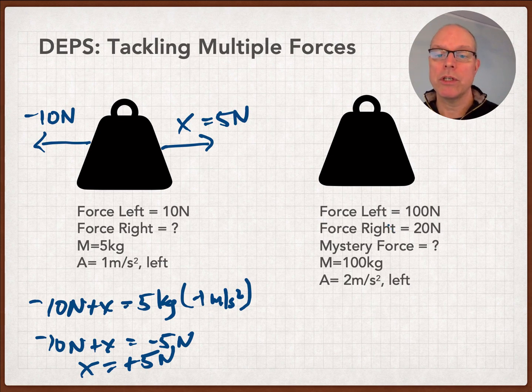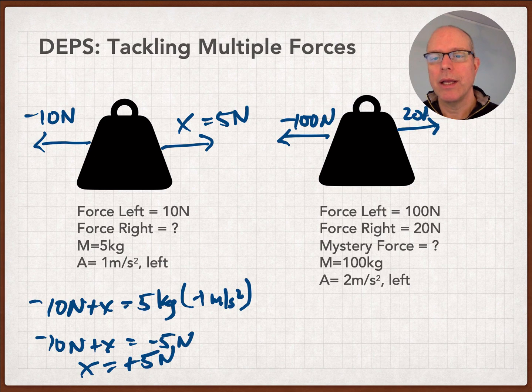And last one. Oh, here's an interesting one. We've got more than 2 forces happening. Like I said, if you can tackle 2 forces, you can tackle any number. I'll show you how. Pencil in what you know. -100 newtons goes over here. 20 newtons goes over here. And then mystery force. Well, if it's a mystery, it really doesn't matter where I put it, does it? So I'll put it to the right. And they give me the rest of the info.